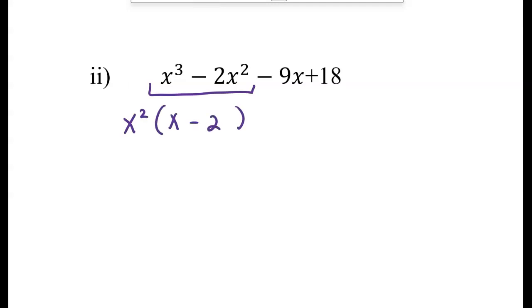X minus 2 now becomes, we know that's going to be our GCF that we're going to try to get. So I go over here and I adjust, leaving space right here for an x minus 2. But then I ask myself, what do I do to my negative 9x plus 8 in order to get the quantity to be a positive x minus 2? What do I factor out?